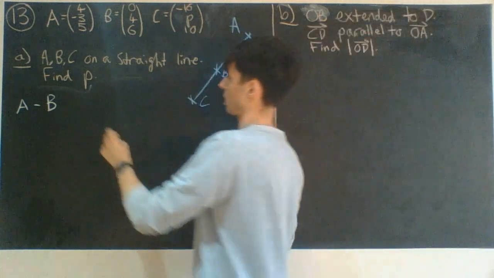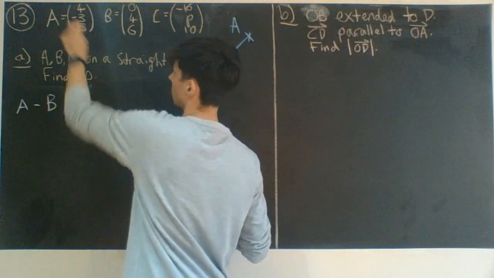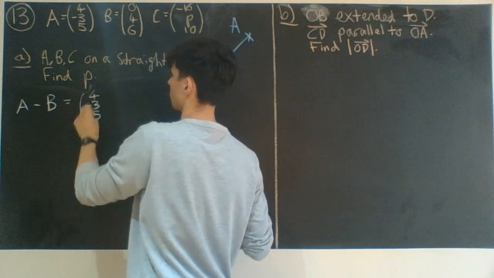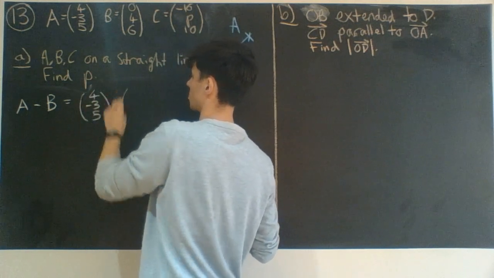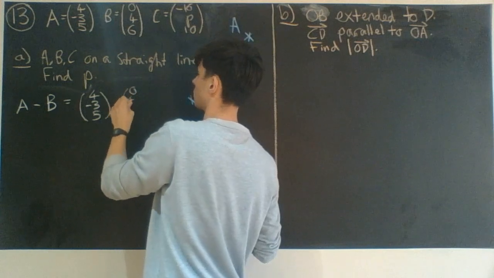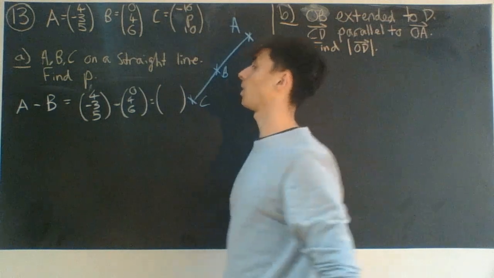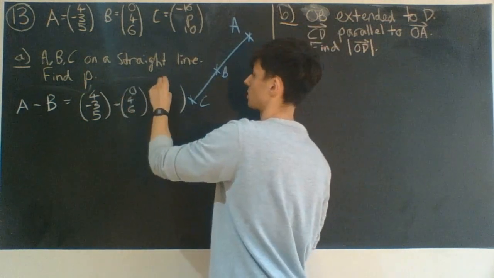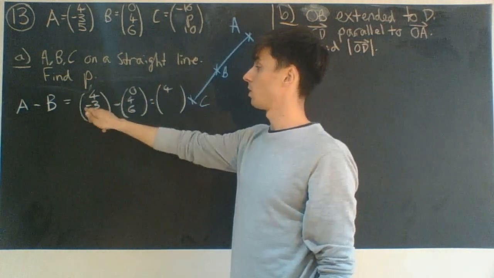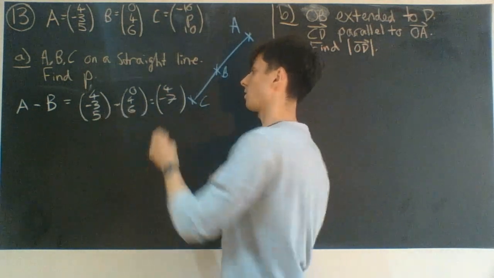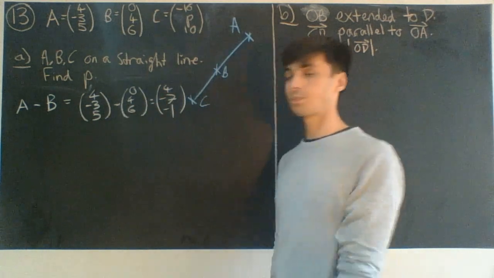And let's try it. So A subtract B, that gives us 4, -3, 5 subtract 0, 4, 6. And working row by row, we've got 4 subtract 0 to get 4, -3 subtract 4 to get -7, and 5 subtract 6 to get -1.